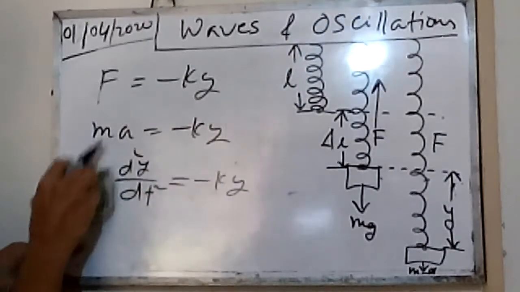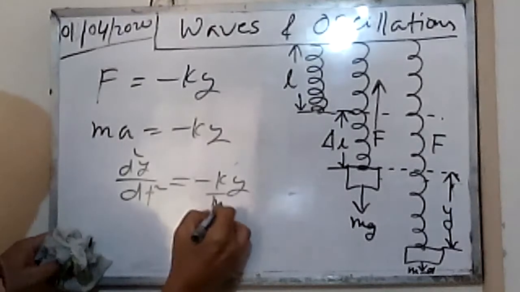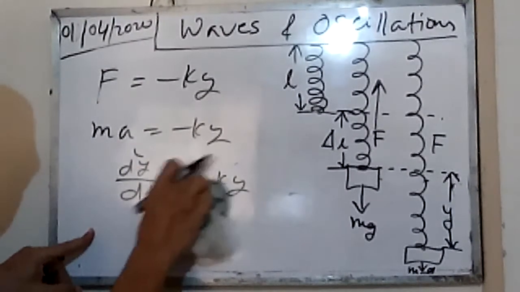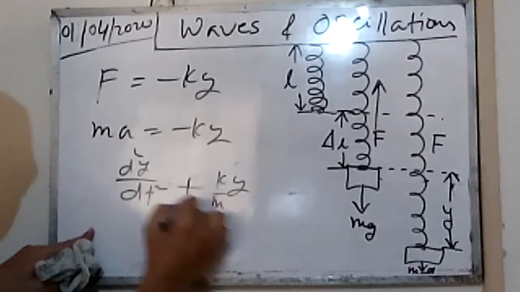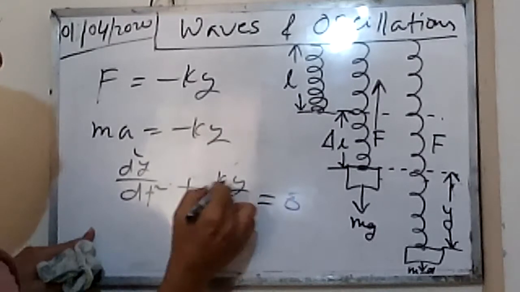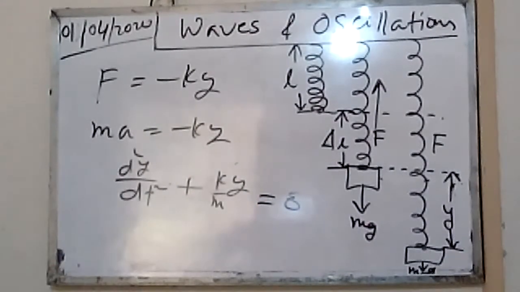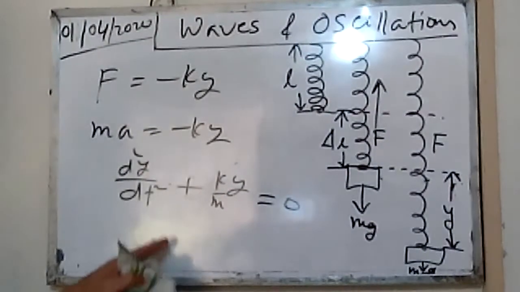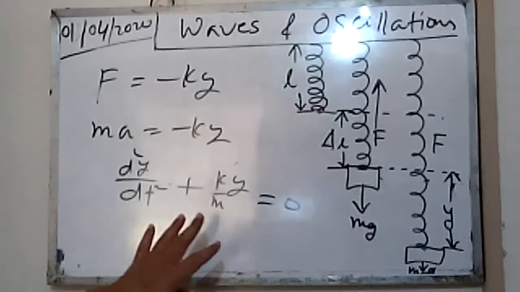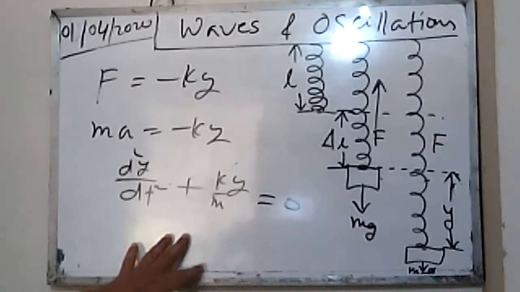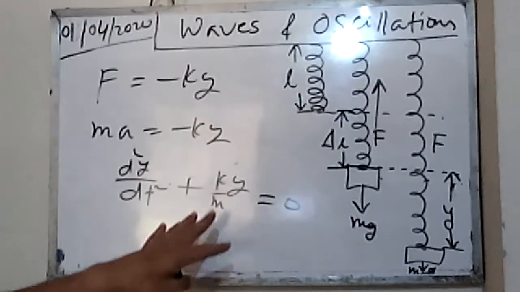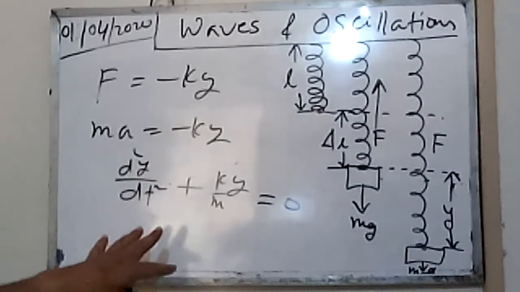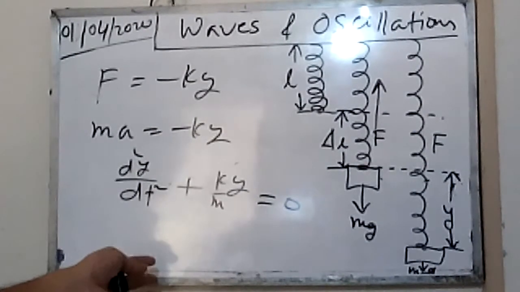Now if we take the left hand side equal to 0, this is the equation. We have got this equation, and this is the equation that we found in the previous section.